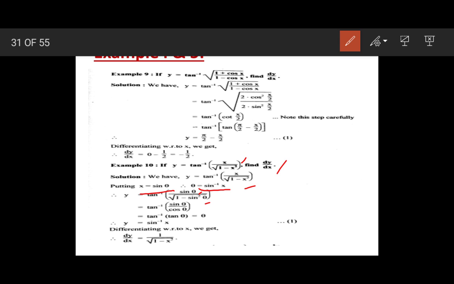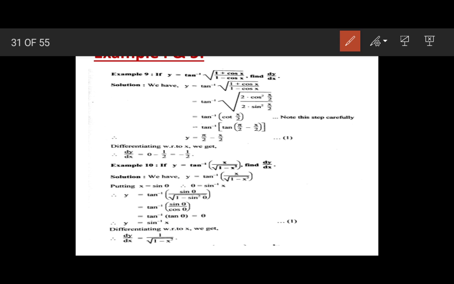We will get sin theta upon under root of 1 minus sin square theta. Now 1 minus sin square theta is cos square theta and root of cos square theta is cos theta. So finally under the bracket what I will get? I will get sin theta upon cos theta, and that is equal to tan theta. So tan inverse and tan cancel, so finally that is equal to theta. Okay, so finally what I am getting?